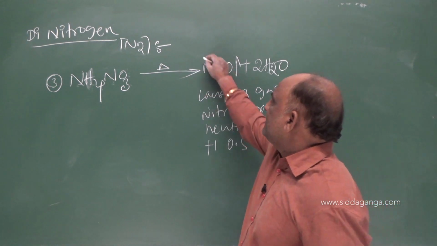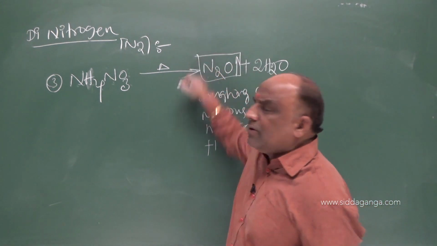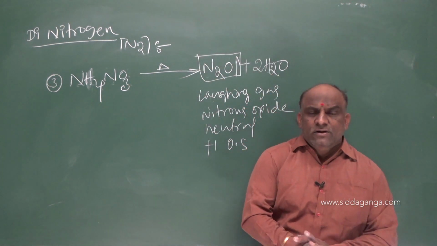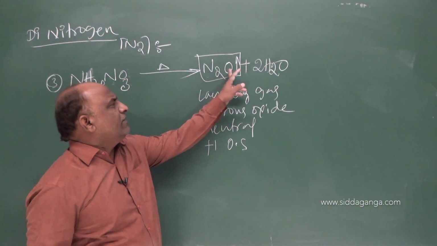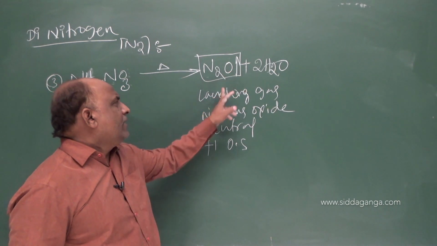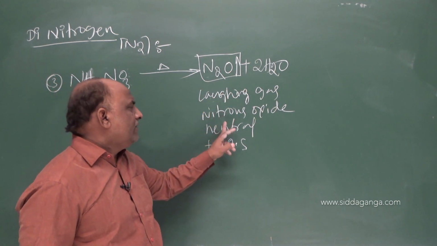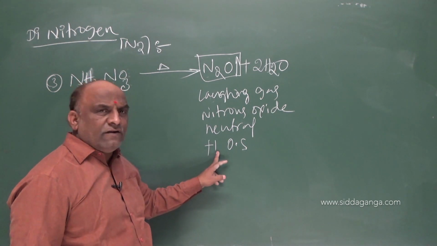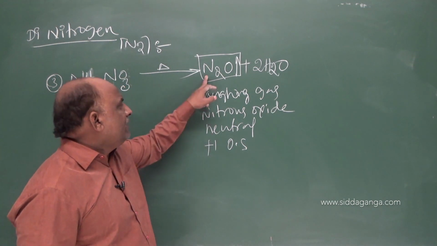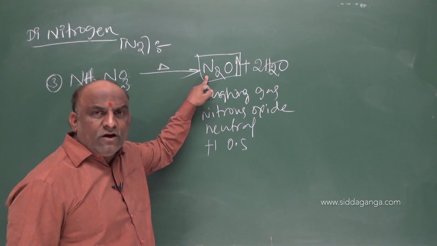Make a note regarding this very important compound. The molecular formula of laughing gas is N2O, called nitrous oxide, a neutral oxide in which nitrogen exhibits the +1 oxidation state.